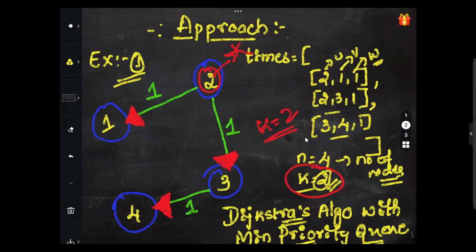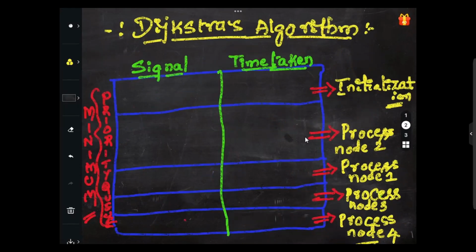Let's move to the initialization part. We will start with node 2, and the time taken here will initially be 0. This is just the initialization part. We are not sending any signal. We are just considering the start node, nothing but 2.